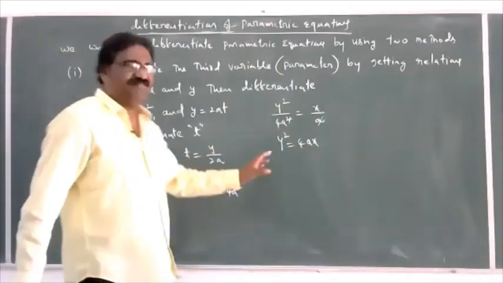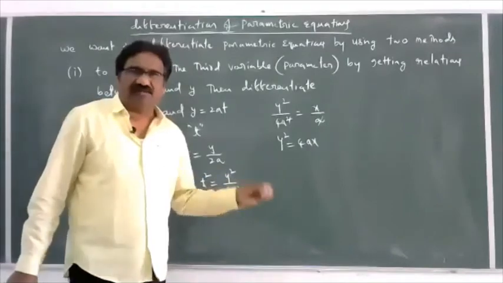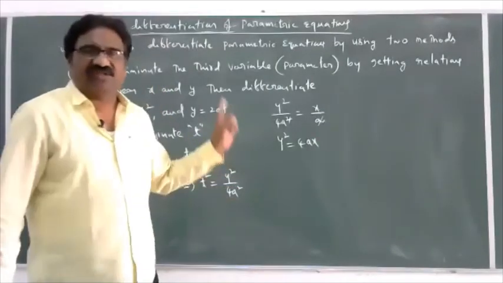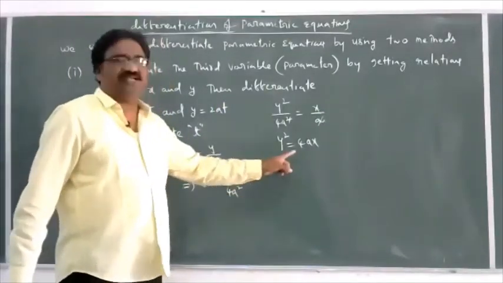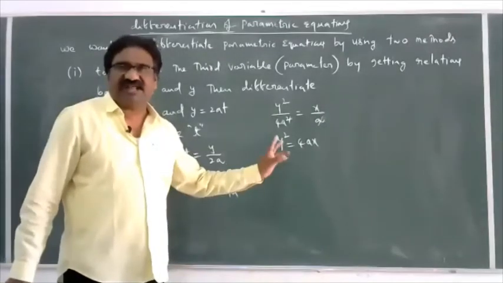This is the one way. First, eliminate the third variable, that is the parameter t, from the given equations. Then you get a relation between x and y.